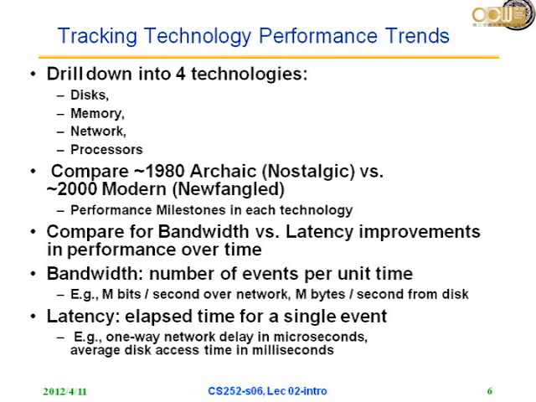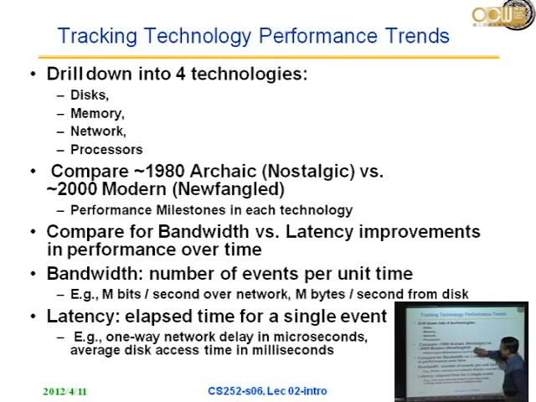Performance could be latency, how long it takes for you to finish this job, or bandwidth, how much work you can do in a time unit. Both are performance metrics, but bandwidth is how many per time unit, and latency is time.